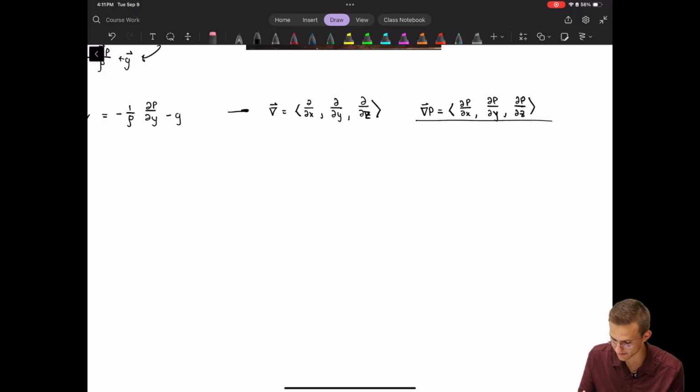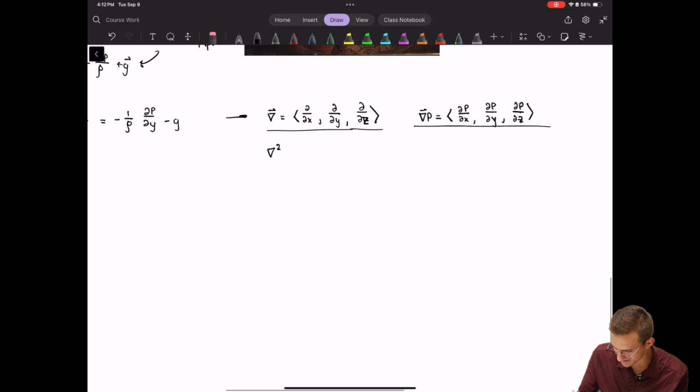This thing on the right is an operator. Okay, so by itself, this doesn't mean anything. It has to act on something. There's also the Laplacian, which is another operator. It's the result of taking the dot product of these two operators, right?